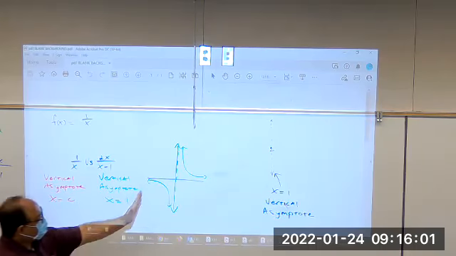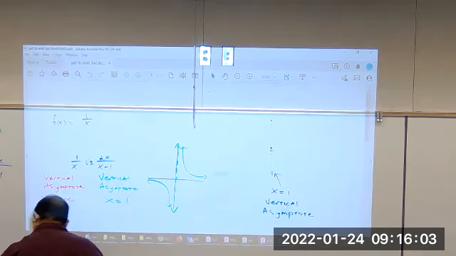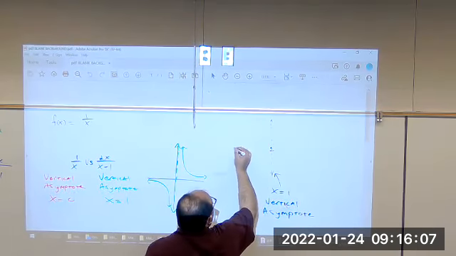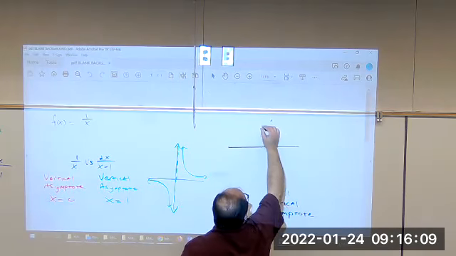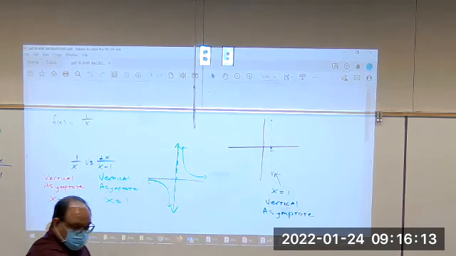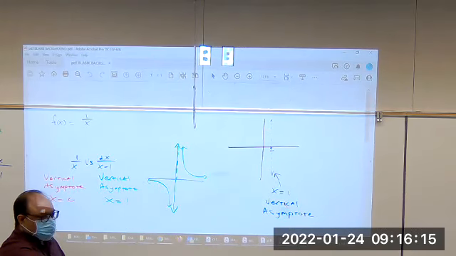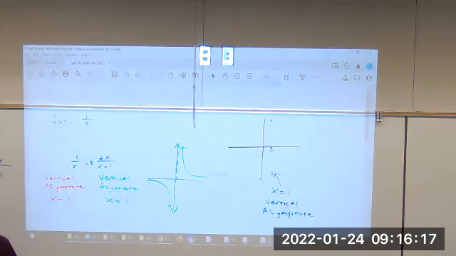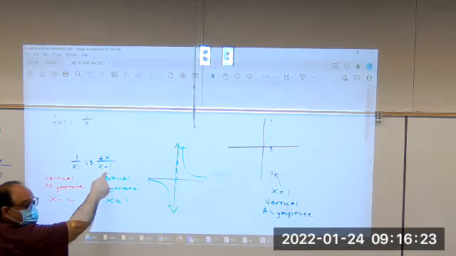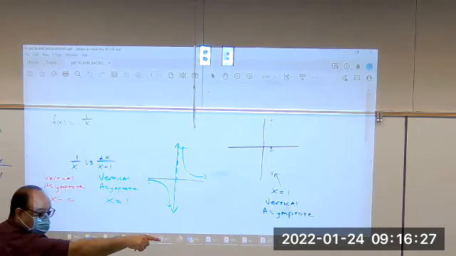So what happens if this asymptote is shifted horizontally? How many? To the, but what do you see? You see minus 1, don't you? You see minus 1, but it went in the positive direction.